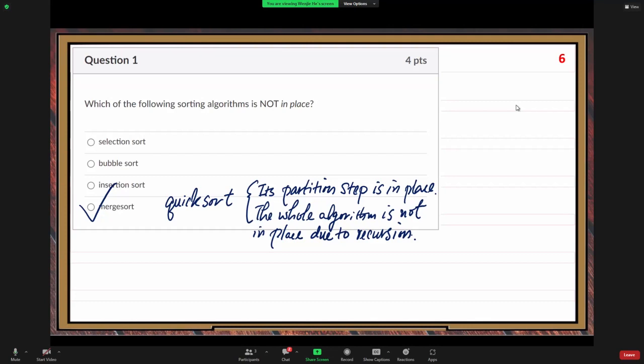Okay? So you can have this. Usually, if an algorithm is implemented in recursion, we cannot treat it as in place. Okay? So we have to make it iterative. In order to get an in-place sort, we have to make it iterative.